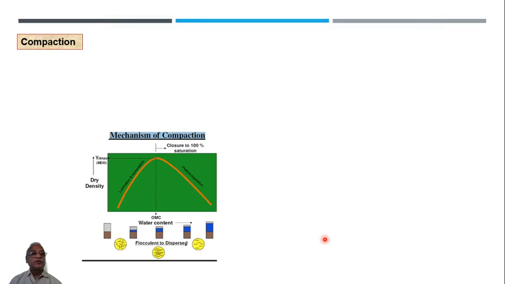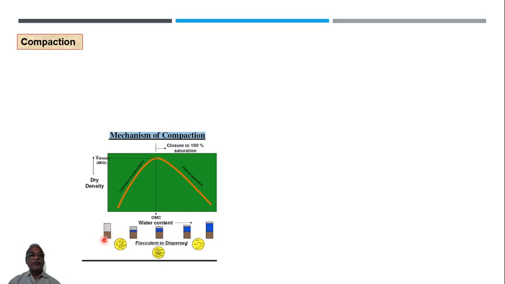So this is the mechanism of compaction, which you have seen in the beginning. If you take quite dry soil and put some effort, dropping a 2.5 kg rammer 25 times on each layer, compacted in 3 layers, you'll get some dry density.